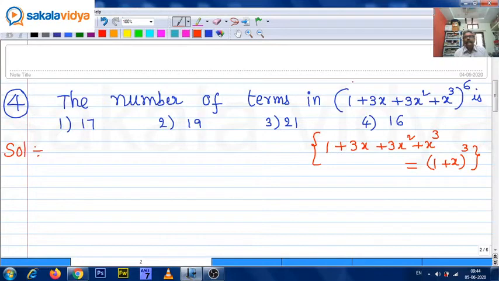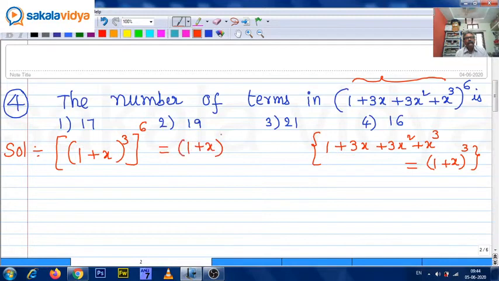So this can be written as ((1 plus x)^3)^6, which equals (1 plus x) whole to the power of 18.